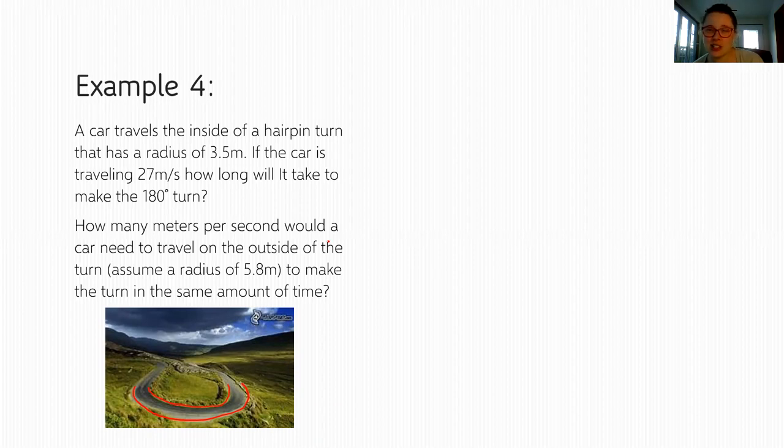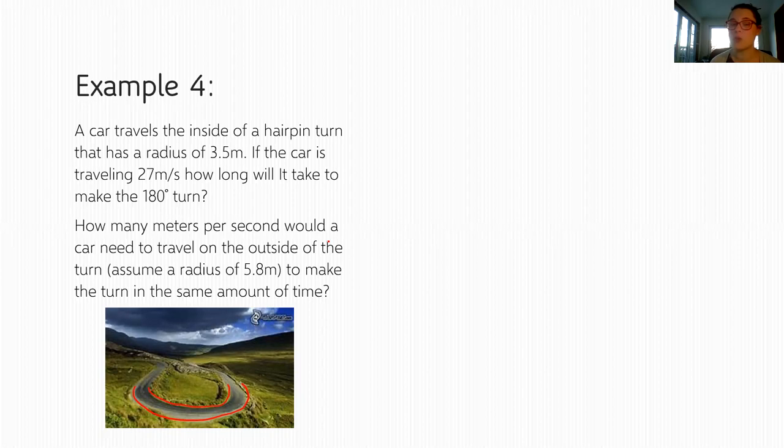So it's like you guys are halfway through the turn and you're going to see who's going to have to drive fastest. If you both enter the roundabout at the same time, who would have to drive fastest, the person on the inside or the person on the outside, in order for you to both exit the roundabout at the same time? Now, there is a question like that on the quiz. I want you to think back to this example. Come back to it if you need to.